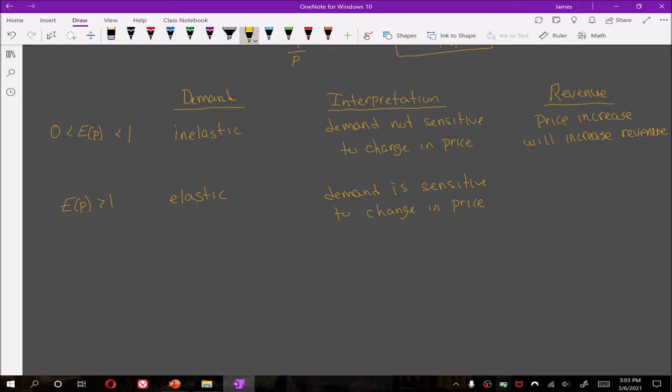Meaning that a change in price will result in a larger change in demand. So a change in price results in a noticeable change in demand. And in terms of revenue, it means a price increase will decrease revenue.